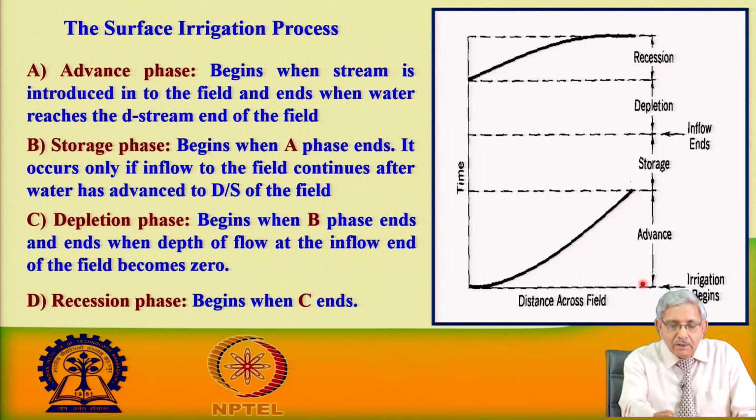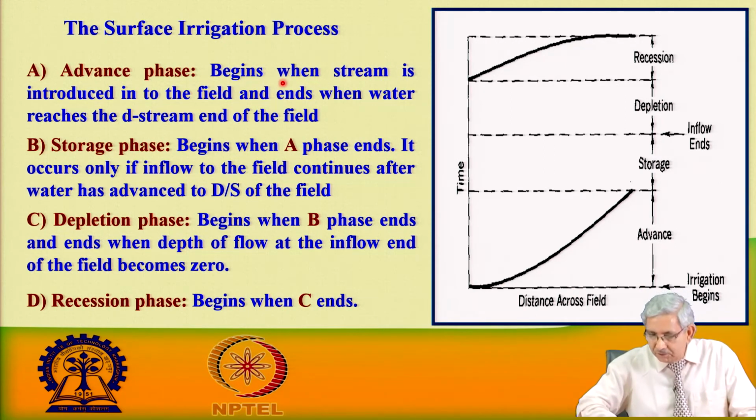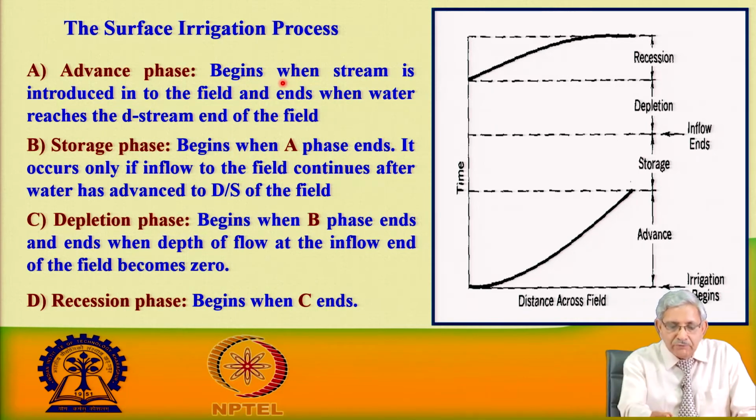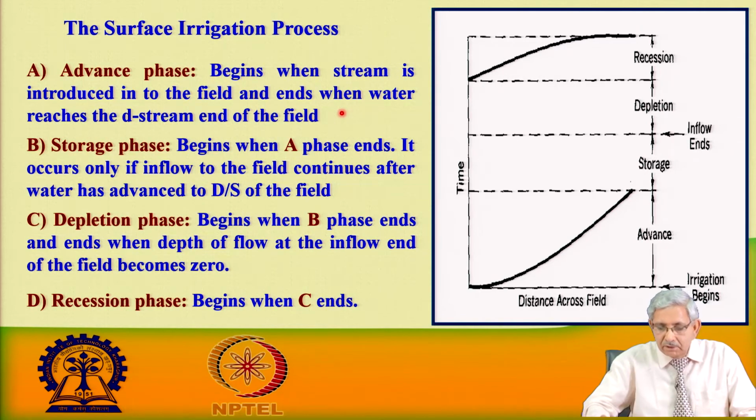The advance phase begins when the irrigation stream is introduced into the field and ends when water reaches the downstream end of the field. It continues to move toward the downstream end, which is the movement of the waterfront, the advance movement taking place.